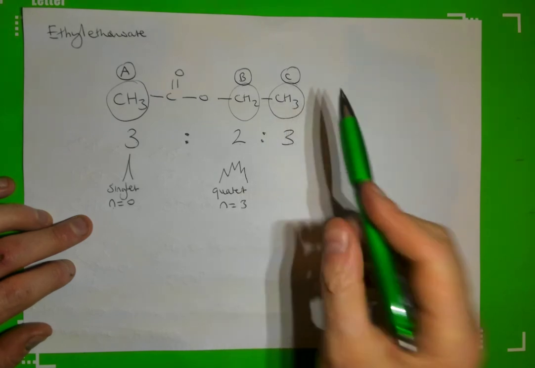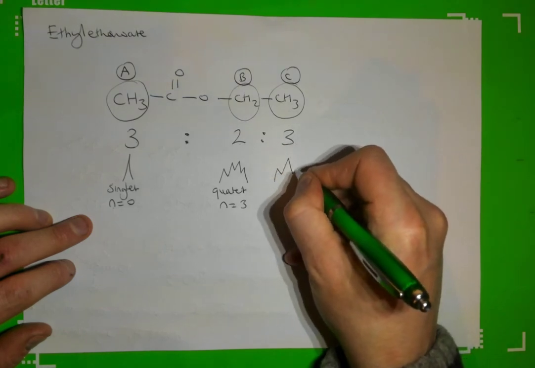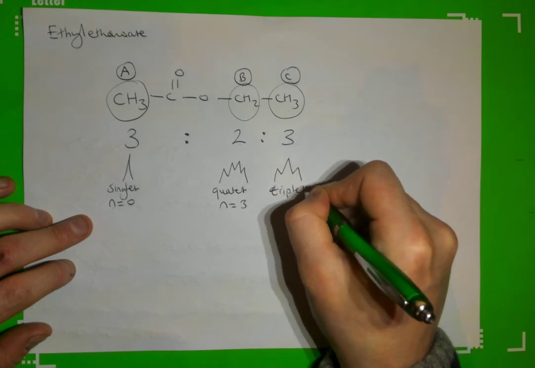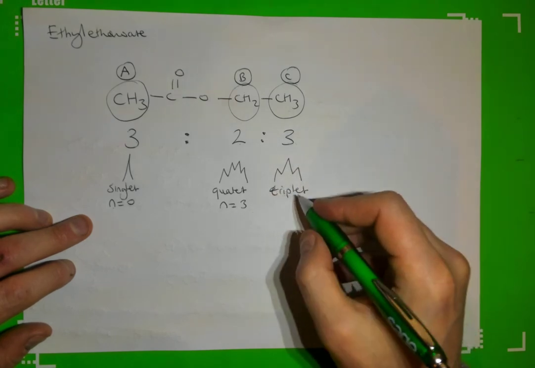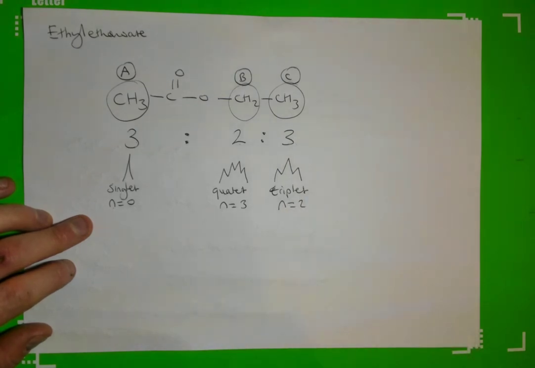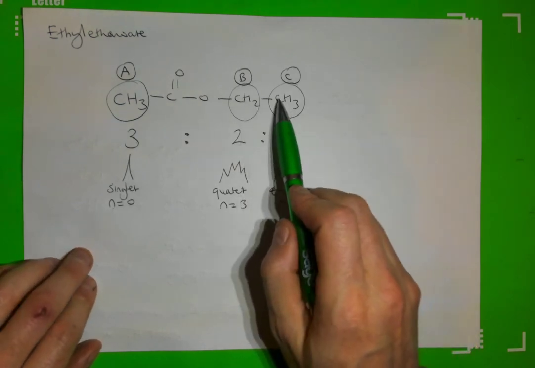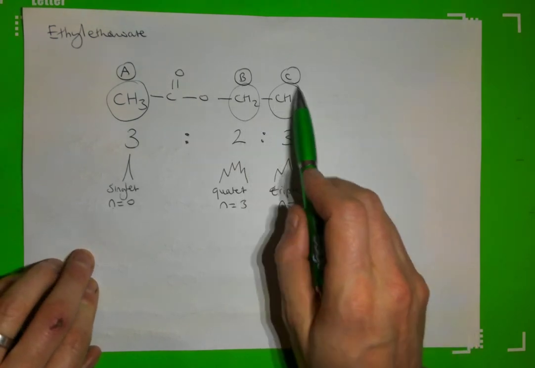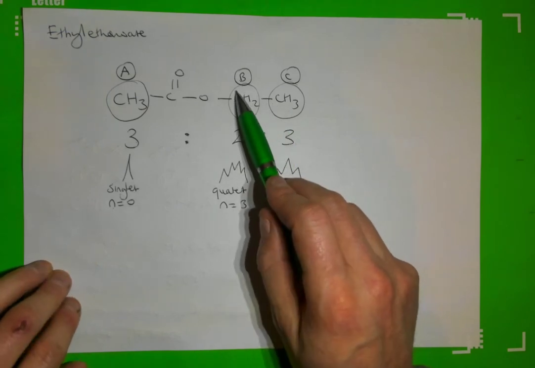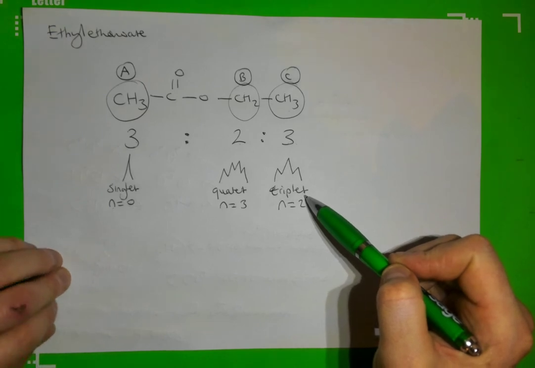Environment number C will be a triplet. So in this case, N is equal to 2. Now if N is equal to 2, because there's 2 hydrogens here, we're talking about this environment, the adjacent environment, N is equal to 2. So 2 plus 1 is 3. That's going to be a triplet.